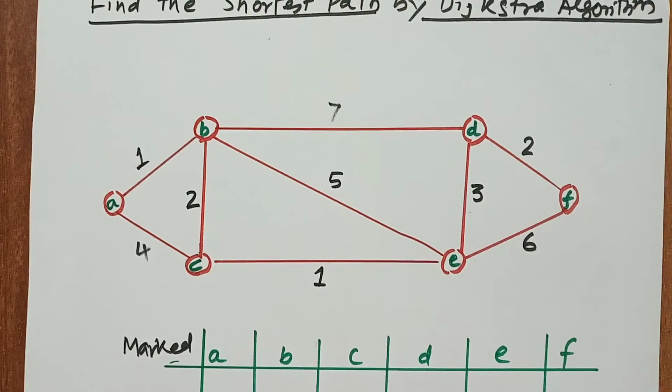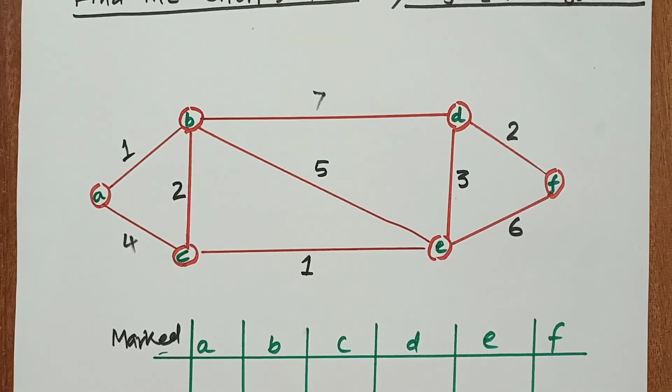Now, second step. We will put 0 at the source vertex and infinity at the remaining vertices. So the source vertex is A. So we will put 0 here and infinity at all remaining vertices.